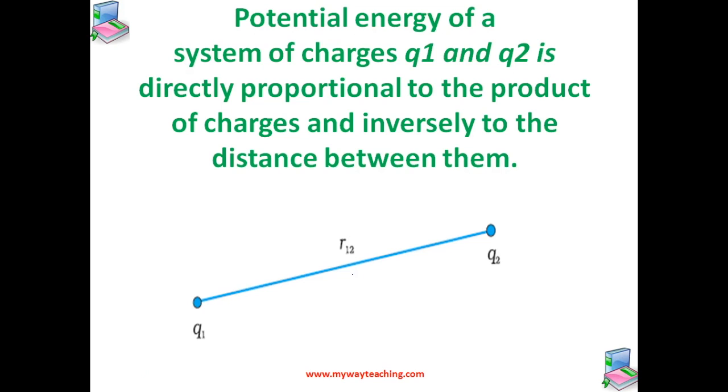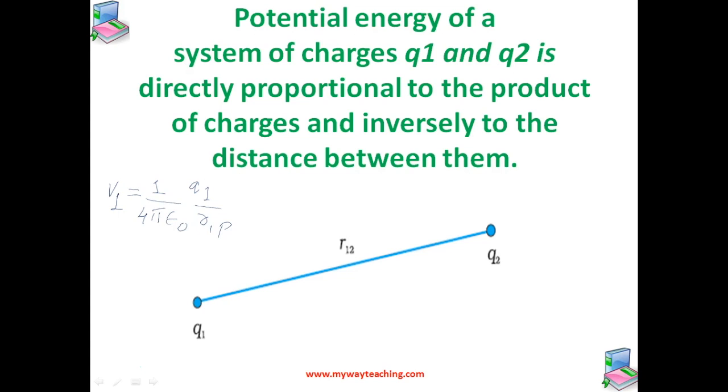This charge produces a potential in space which is given by V1 is equal to 1 by 4 pi epsilon naught Q1 by R1p, where R1p is the distance of a point P in space from the location of Q1.